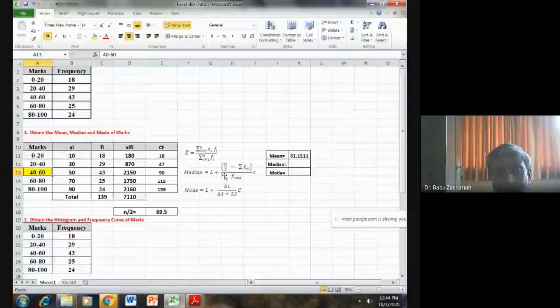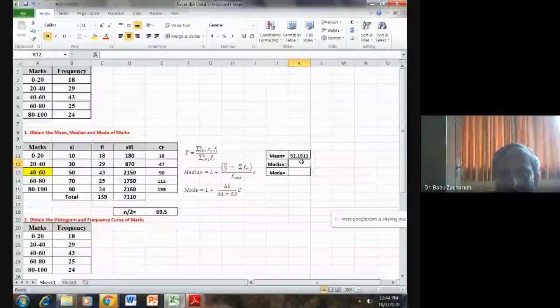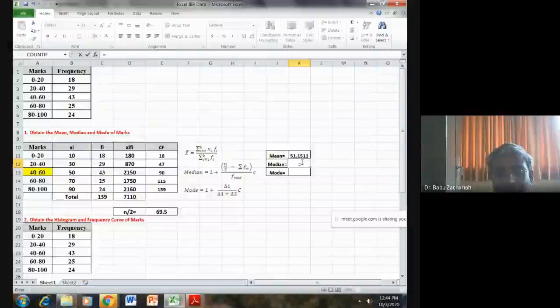So I have to use this formula: median is equal to L plus (n by 2 minus sigma fm) by f median, into C. So it will be equal to L, the lower limit, that is 40, plus n by 2. We'll put everything in brackets. N by 2 is this, minus the cumulative frequency of the previous class.